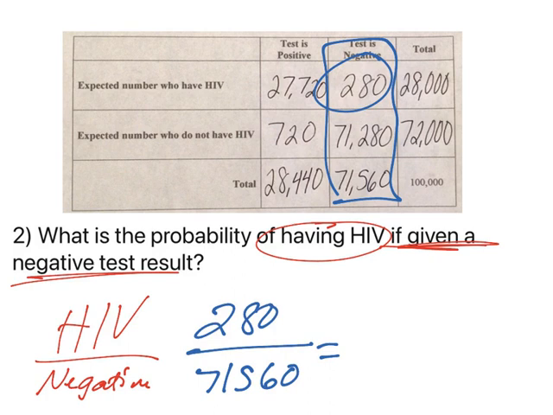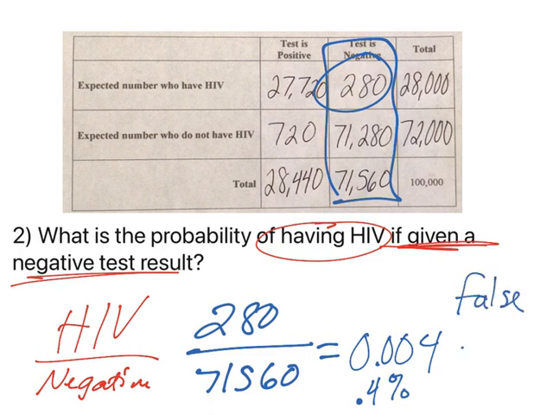So when I divide those numbers, I get 0.004. So roughly 0.4%. So 0.4% of those who test negative actually have HIV. This is called a false negative because you test negative, but you actually do have the disease.